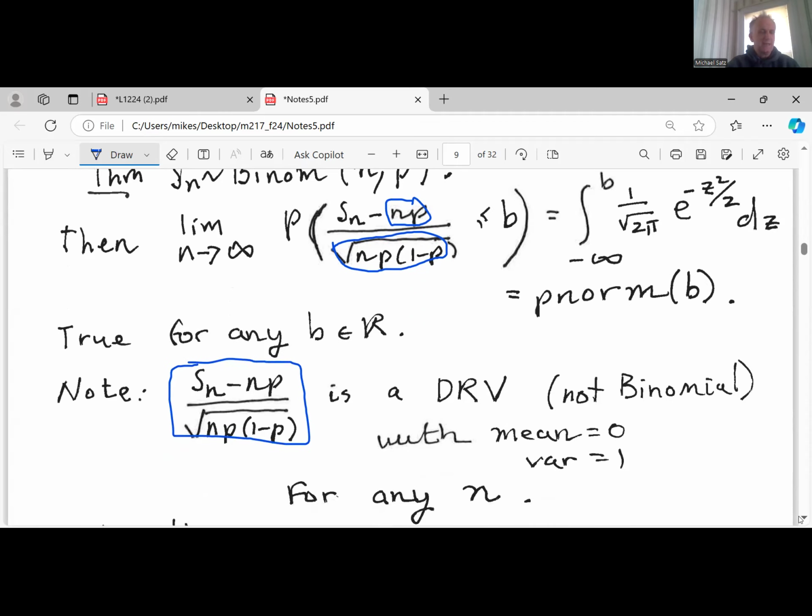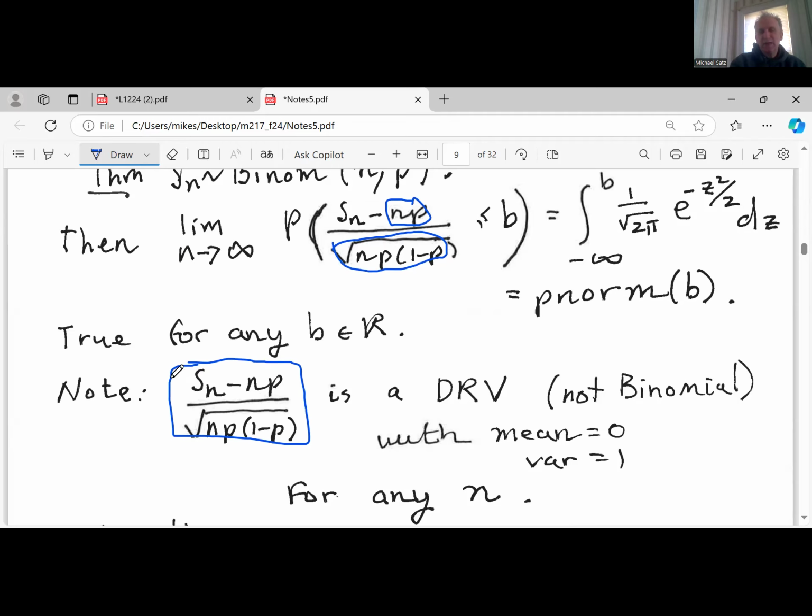Because no matter what n is, no matter what p is, there's only a countable number of things this could be. Now it's not a binomial anymore because I'm subtracting this off and dividing by this. But basically it's a DRV. The mean is 0 and the variance is 1.